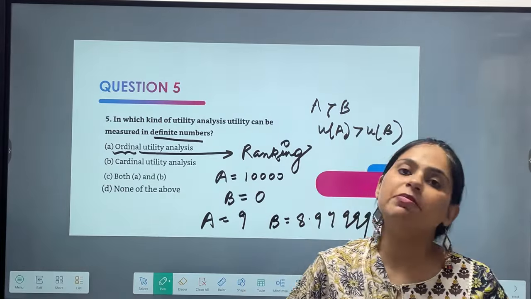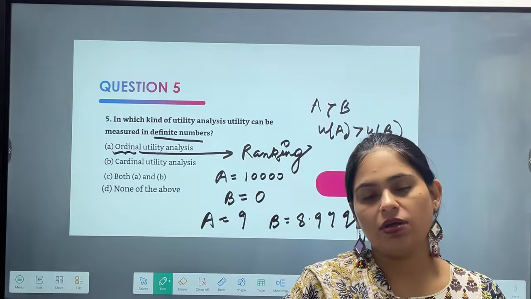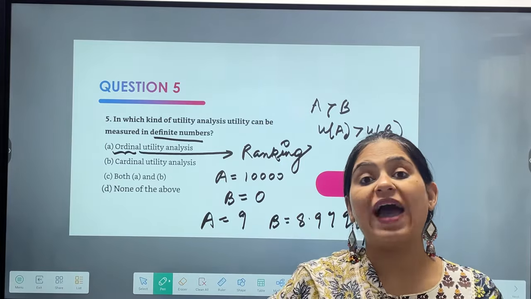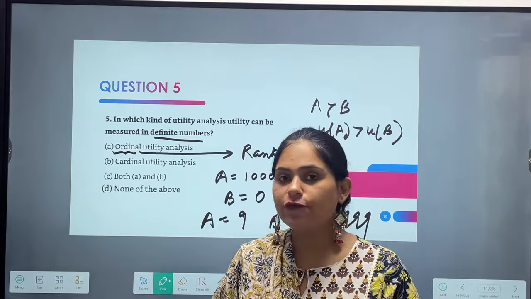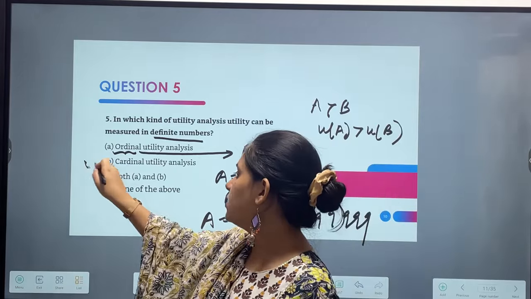It only matters what the ranking is. That is what ordinality says. So all of you are correct when you say that it should be the cardinal utility concept.